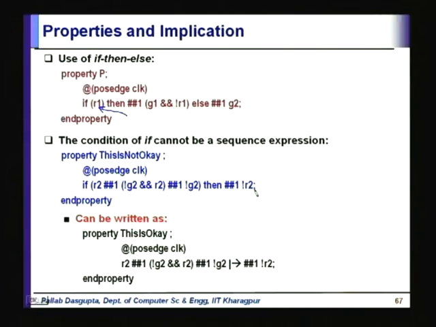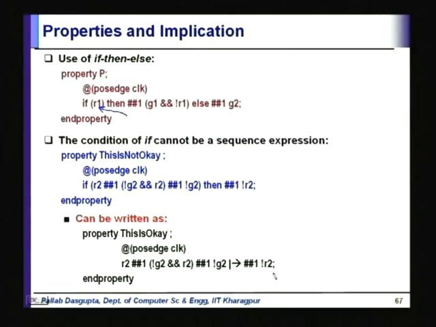This is not permitted in the syntax of SVA. So, for expressing properties of this nature, we use the implication operator, which we have already seen, that you write R2 hash 1 not G2 and R2 hash 1 not G2 implies hash 1 not R2, right.